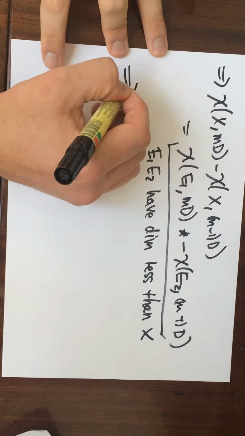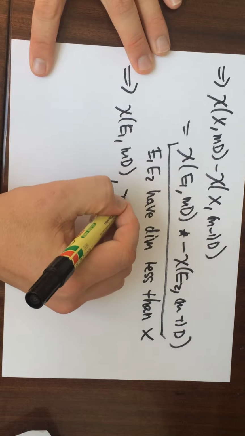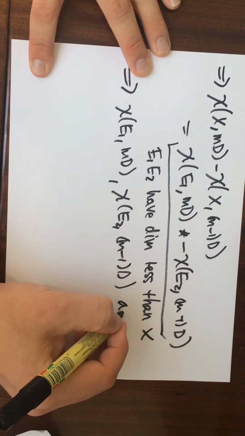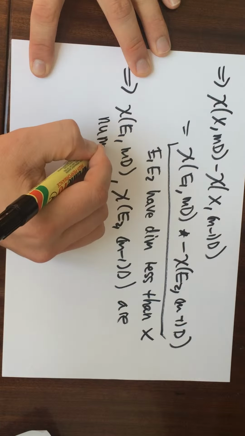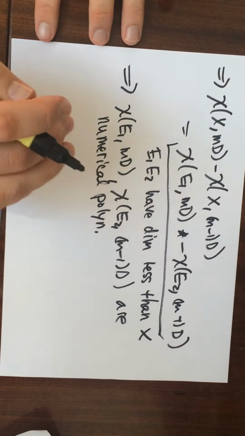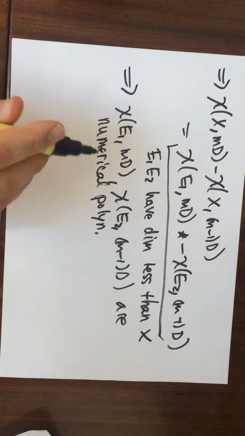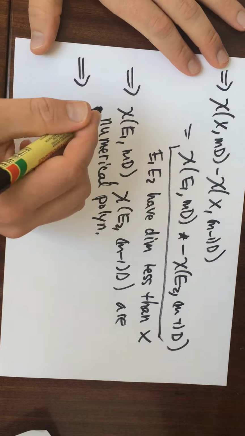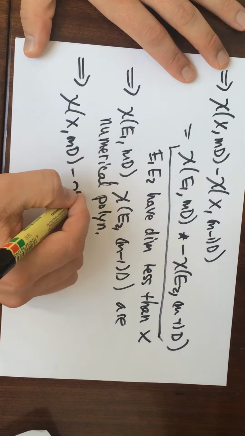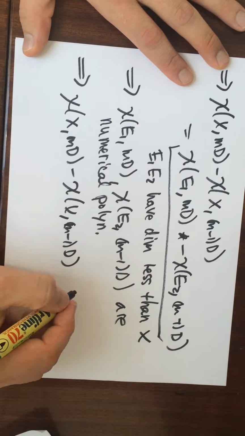This implies that chi of E1 of md and chi of E2 of (m minus 1)D are numerical polynomials. And the difference of two numerical polynomials is a numerical polynomial. Similarly, this tells us that the difference is a numerical polynomial.